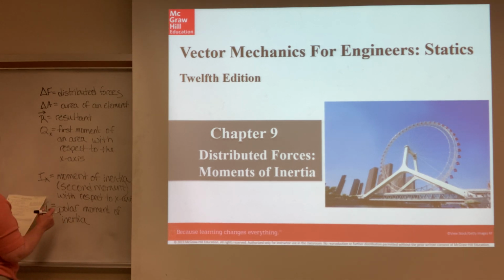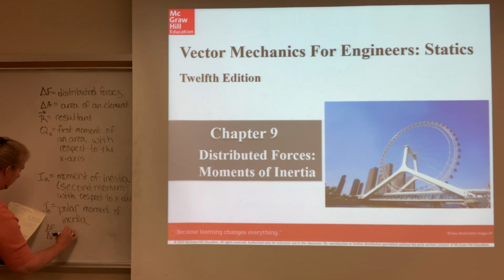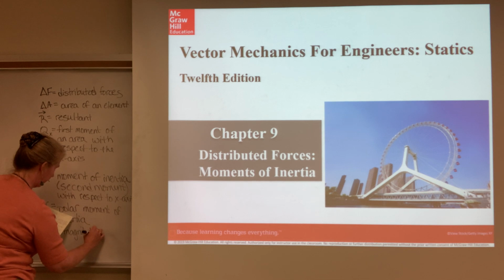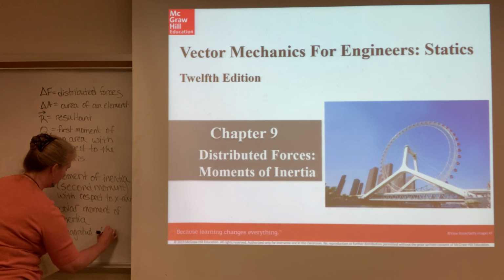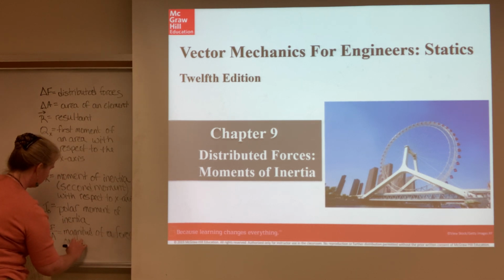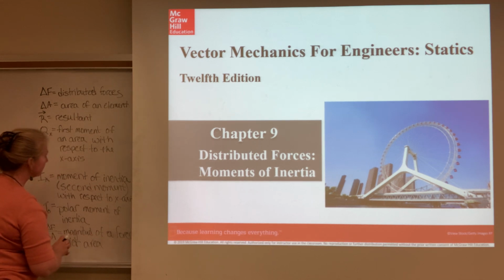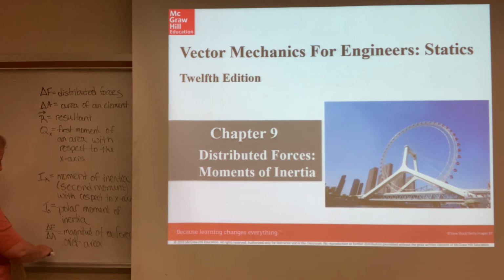And if I thought about delta F over delta A, that's the magnitude of a force over a particular area. Okay, so just some little variables to get us started.